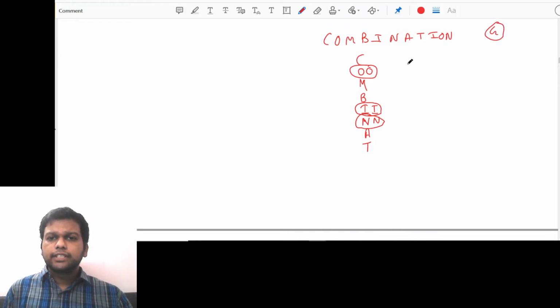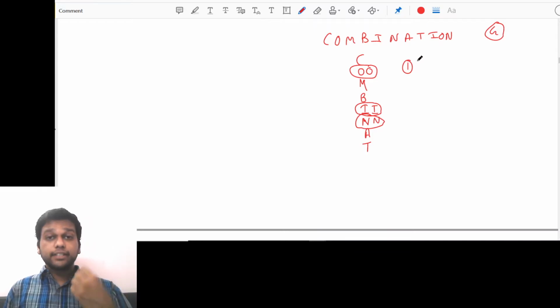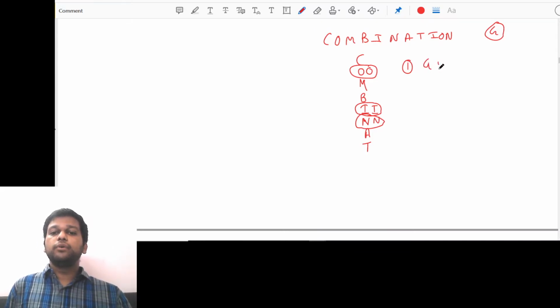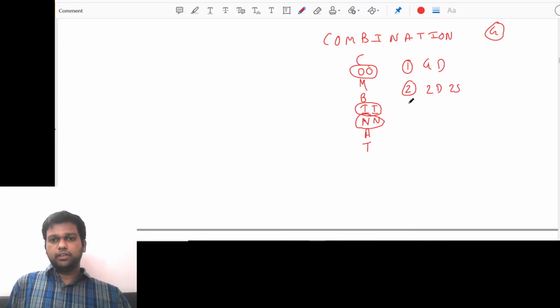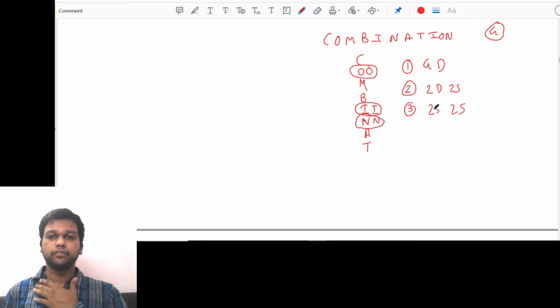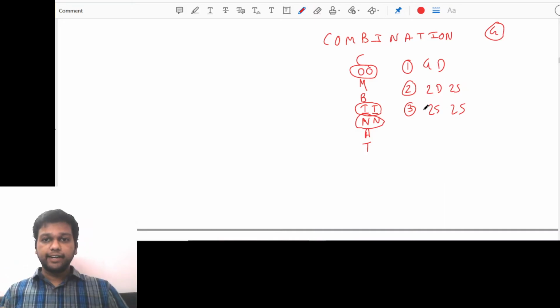Now let's try to list cases. The 4 letters that we select might be all 4 different, or they might be 2 different and 2 same, or they might be 2 same and 2 same, right? Either we might select 4 different letters, or 2 different but 2 same letters, or 2 same letters and 2 same letters, 2 groups, right?